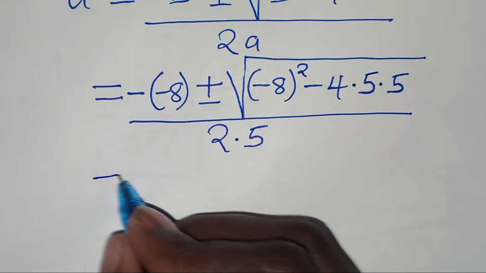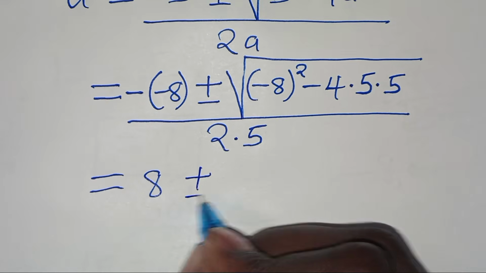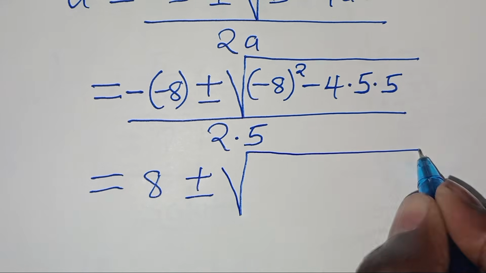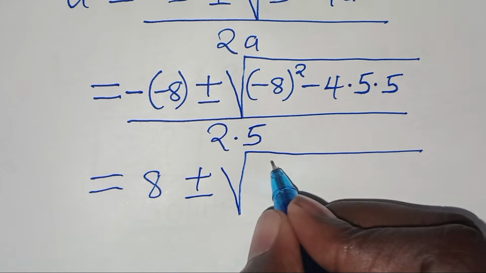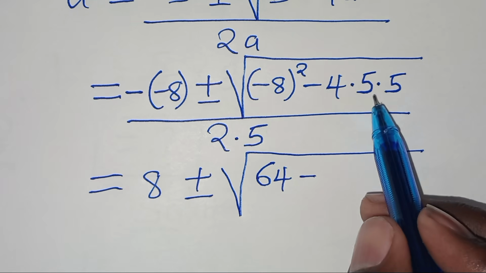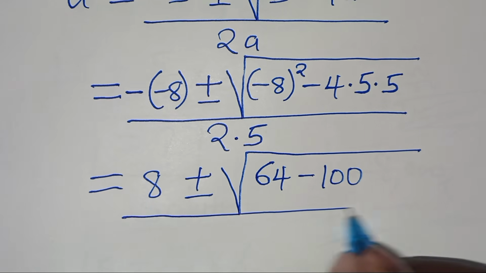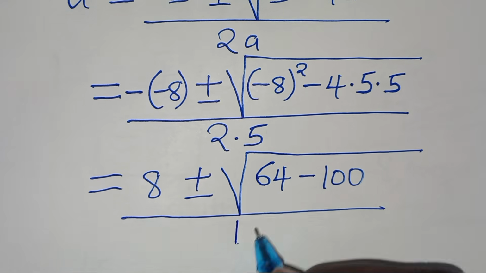Here we have negative times negative 8, this is 8 plus or minus the square root of minus 8 squared. This is 64. Then subtract 4 times 5, this is 20 times 5, this is 100. Then everything divided by 10.